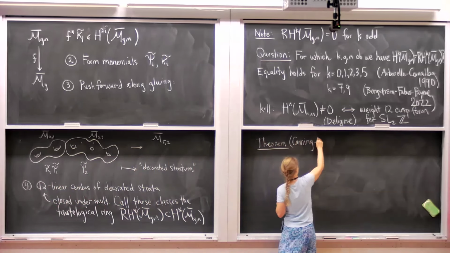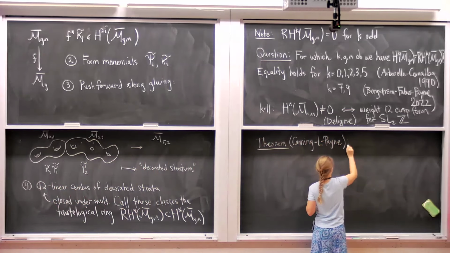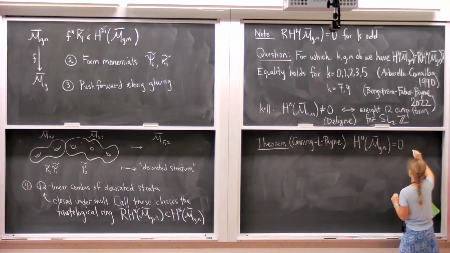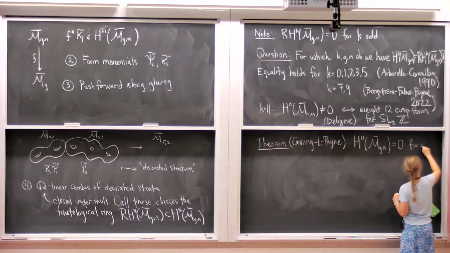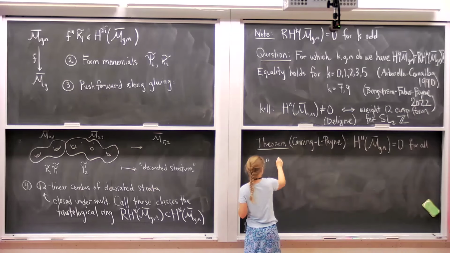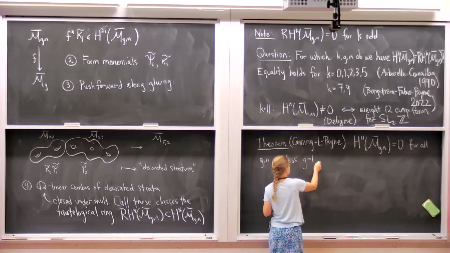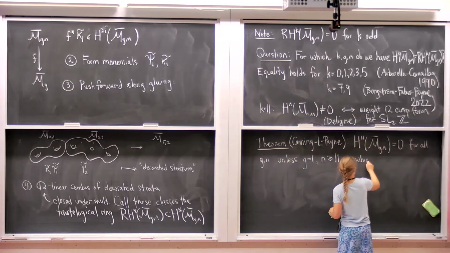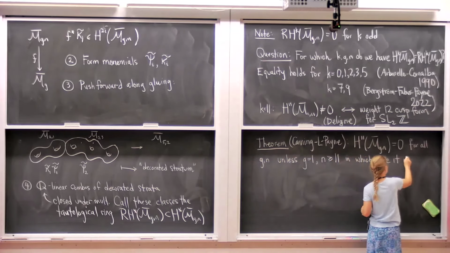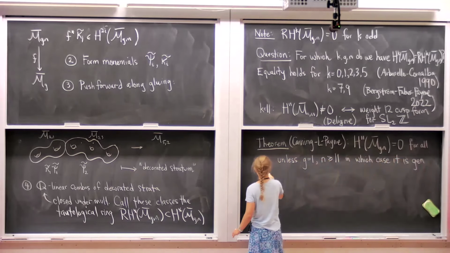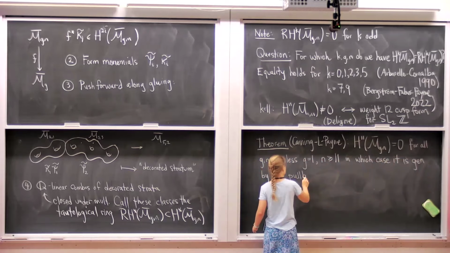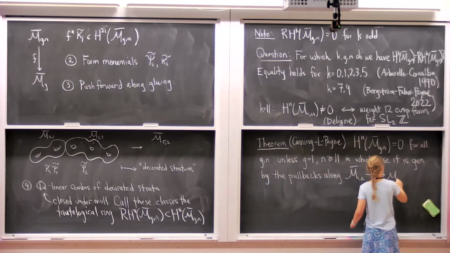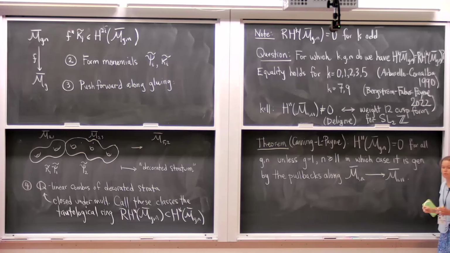So this is our first theorem. And that is that H^11 of M_{g,n} bar is equal to 0 for all g and n, unless g is 1 and n is greater than or equal to 11, in which case it is generated by the pullbacks along the maps that forget all but 11 of your points.